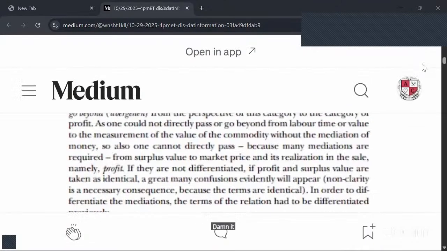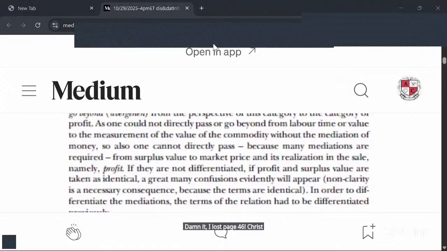Damn it, I lost page 46. I forgot to do that.